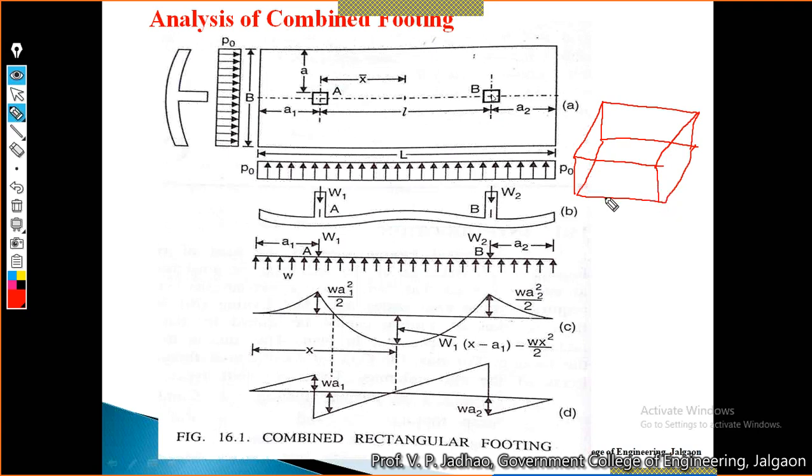Like this, there will be some top plane. Now the pressure will be like this on this footing.